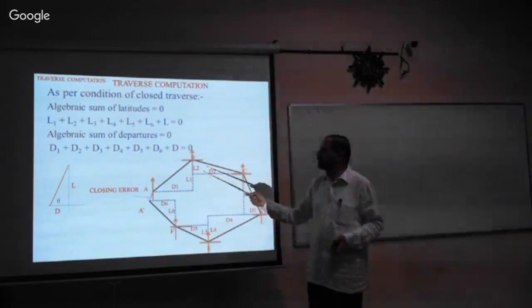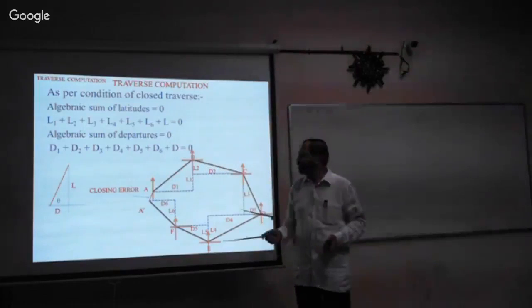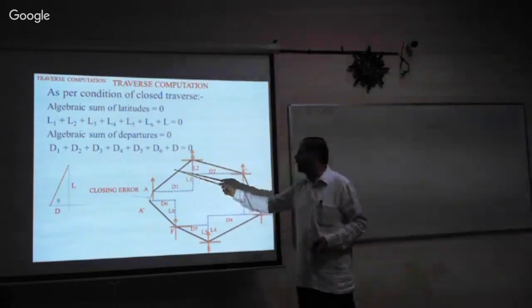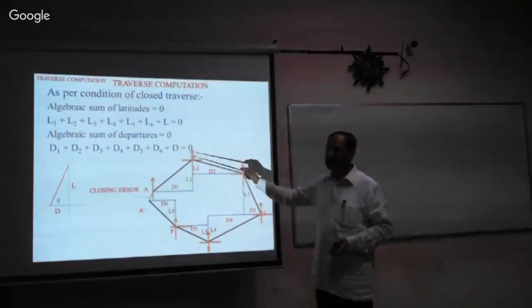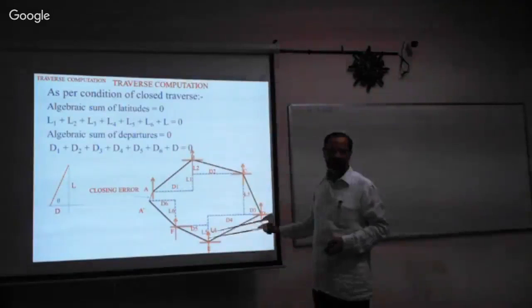Now see, in a closed traverse, we commence the work from A and lay the survey lines progressively.